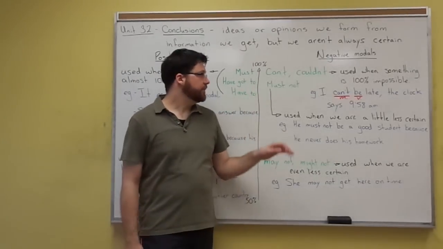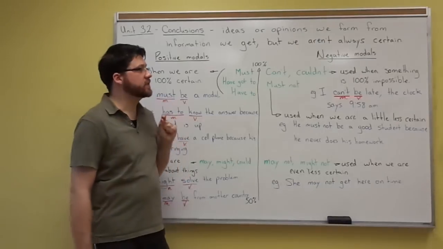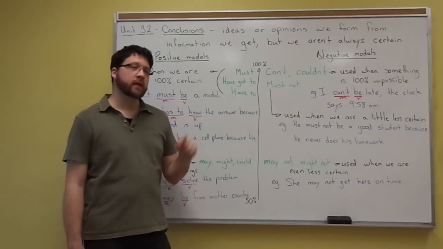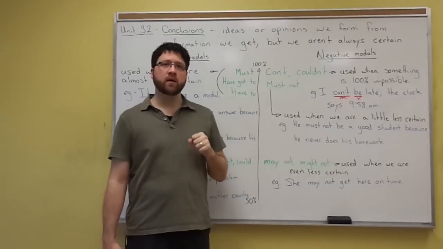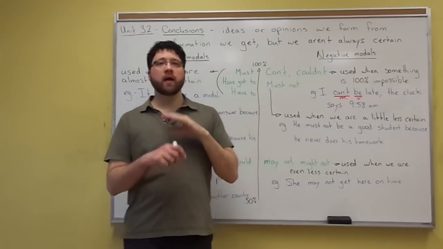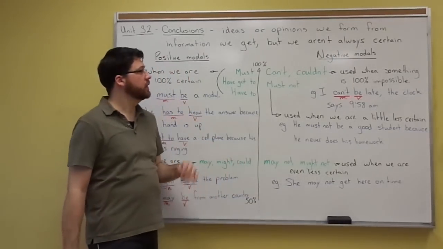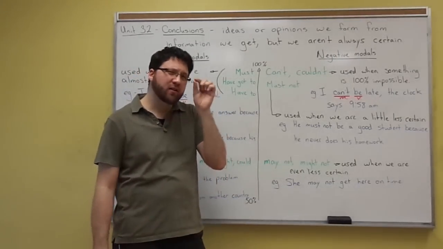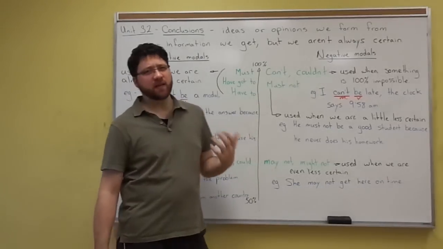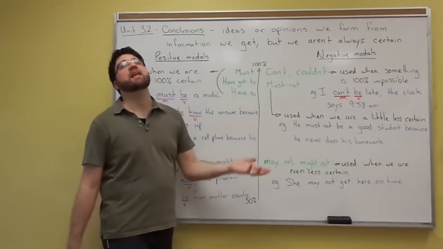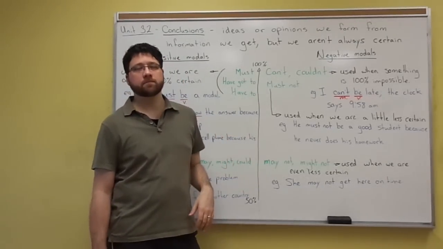Must not is used when we are a little less certain. And again, we are very, very confident, but we do not know as a fact. It's still a little uncertain. For example, he must not be a good student because he never does his homework.